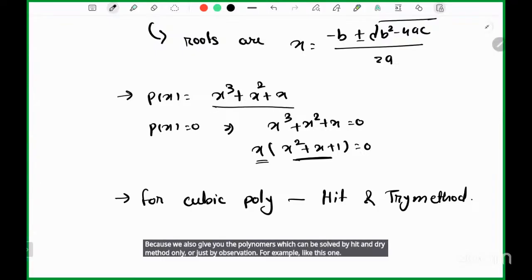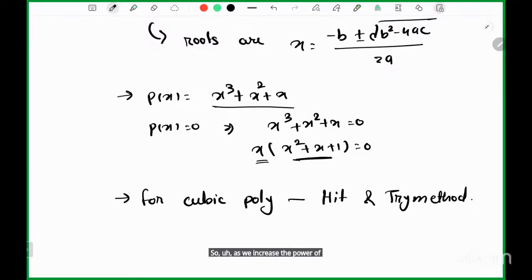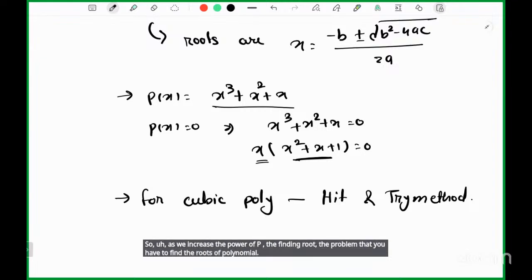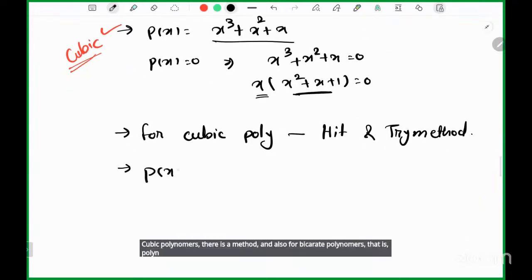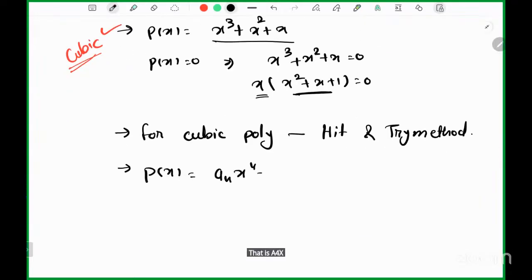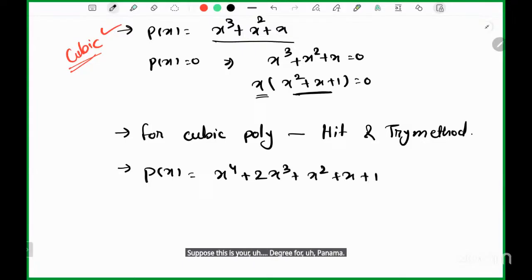So as we increase the power of p of x, the problem of finding the roots of the polynomial becomes trickier and trickier. For cubic polynomials there is a method, and also for biquadratic polynomials, that is polynomials of degree 4, like a4 x to the power 4 plus a3 x cube and so on. Suppose this is your degree 4 polynomial. Again, finding the roots of this polynomial is a very tough job.